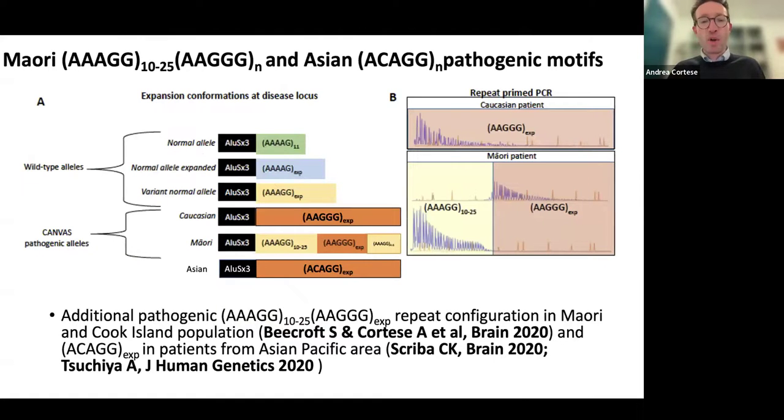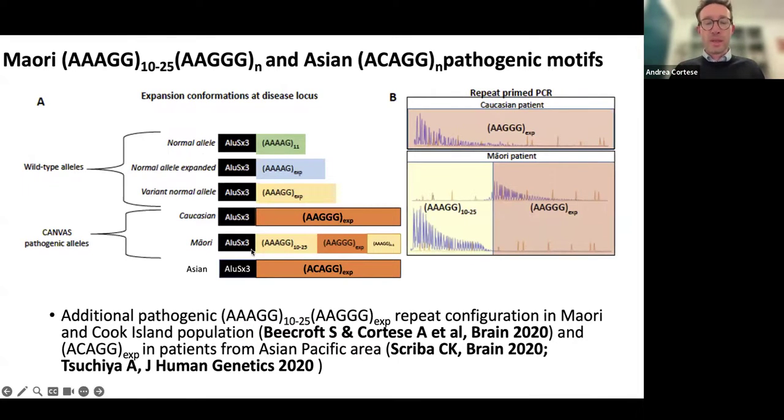To add a little bit more complexity, yes, there is one predominant pathogenic allele, AAGGG, but over the last 4 years, ourselves, together with other colleagues, we identified some other pathogenic repeat motifs. And you can understand how it gets complex now to test them all for the labs.